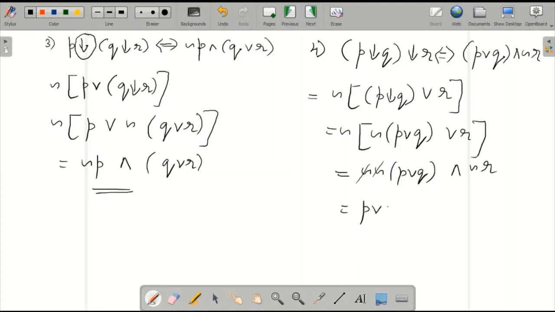It will be P or Q and negation of R. So this is based on example 2, under that example 3 and example 4. I hope it's clear with these 4 problems under example 2.